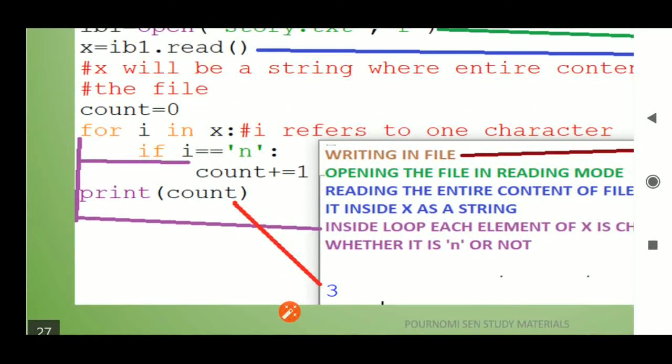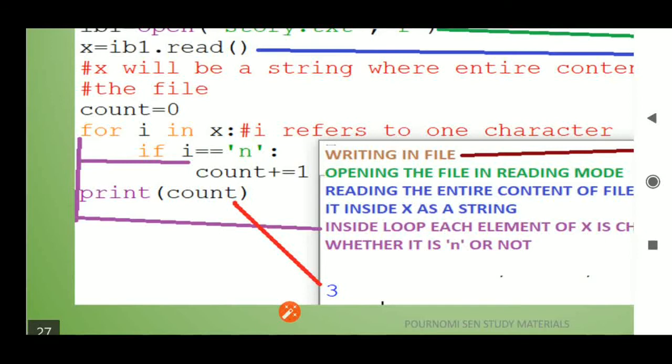For i in x, if i equals n, count plus equals 1. That means for the entire content of the file, we check character by character, and if it equals n, we increase the value of count.